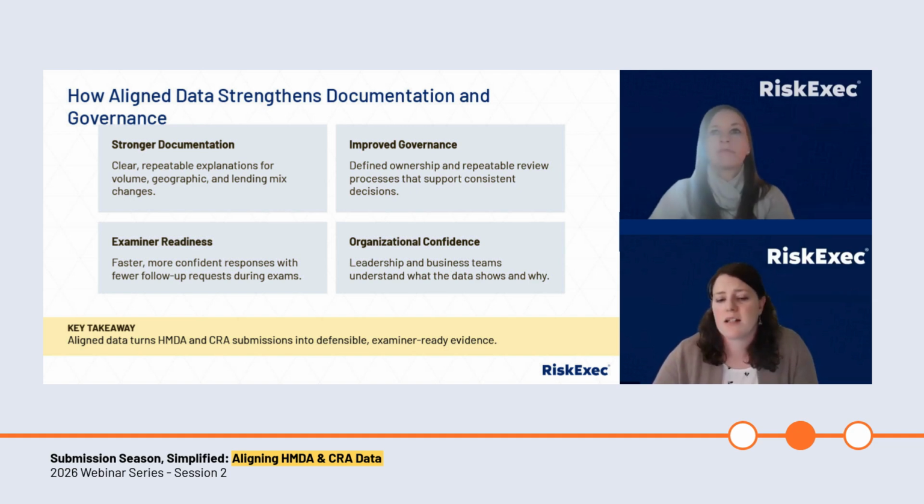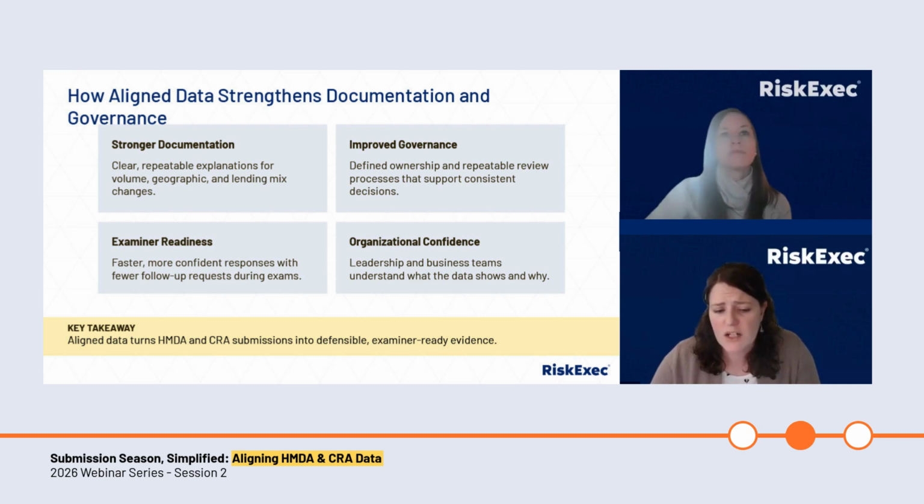Because if you create a process that is repeatable, meaning you're not reinventing it year over year, clear alignment will make sure that these key decisions and adjustments are supported throughout the entire workflow. This consistency is really what examiners are expecting from financial institutions when they start to assess controls and oversight.